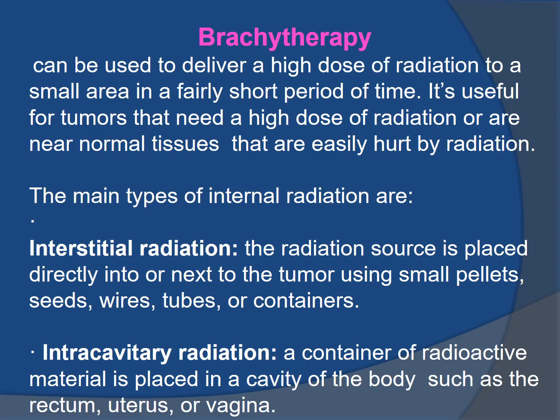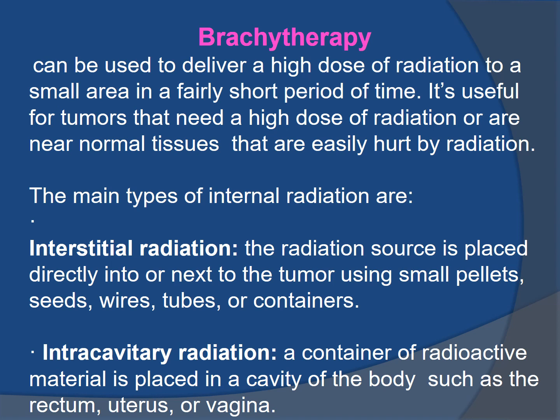Brachytherapy. Brachytherapy can be used to deliver high doses of radiation to a small area in a fairly short period of time. It's useful for tumors that need high doses of radiation or are near normal tissues that are easily hurt by radiation. The main types of internal radiation are interstitial radiation and intracavitary radiation.